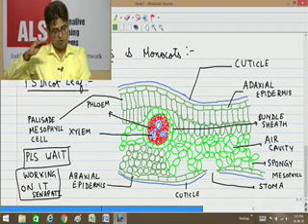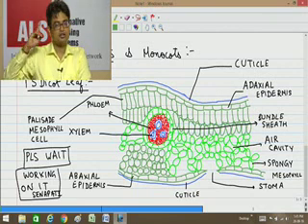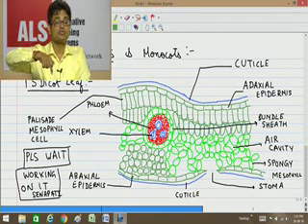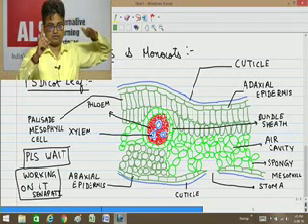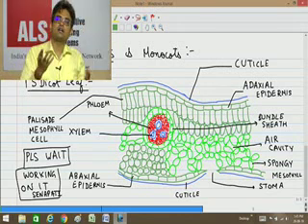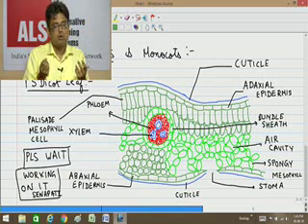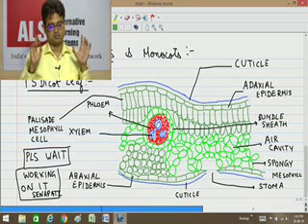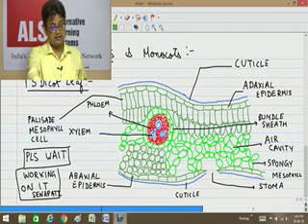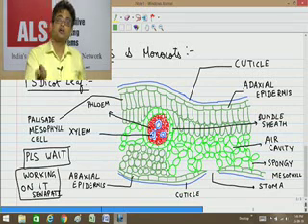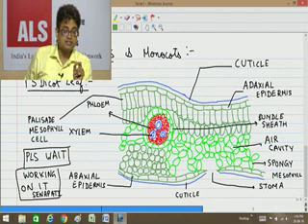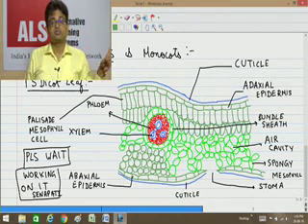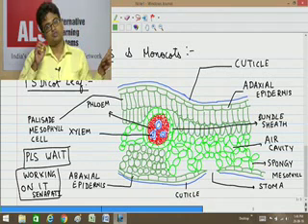Those who can hear me, I'm just explaining the things now. When you have to draw a leaf, you will draw the stomata only on the lower surface of the leaf, not on the upper surface. On the upper surface, the stomata are nearly absent or very few in number. You can see in this diagram, I have not drawn any stomata on the upper surface. On the adaxial surface, no stomata will be present, or very few will be present.